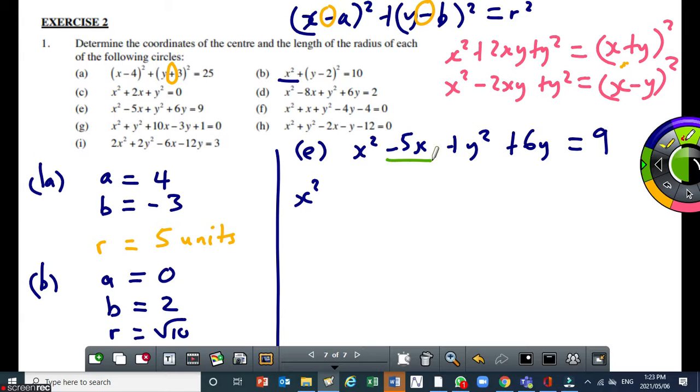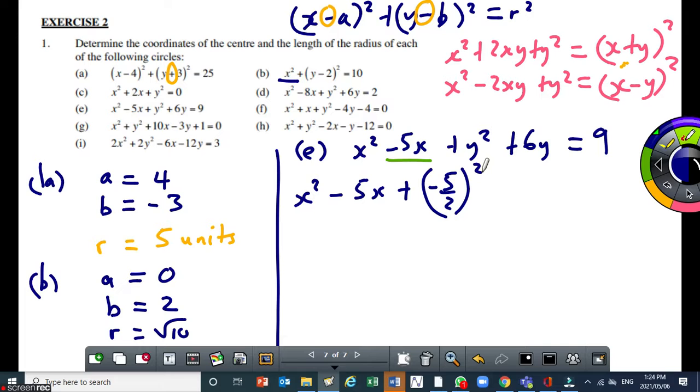So we are going to add the square of negative 5 over 2 on the left of this equation, and we also add the square of negative 5 over 2 on the right hand side of the equation. Okay? So this becomes -5x + (-5/2)². Why we are adding this term here is we want to create a perfect square trinomial that we can factorize.